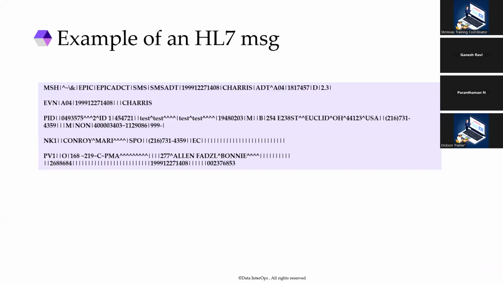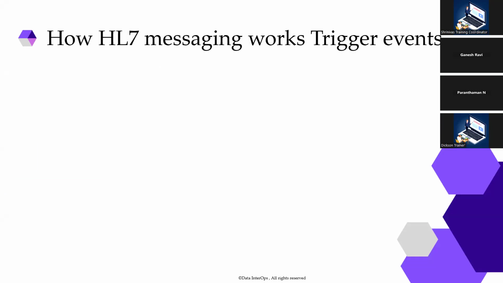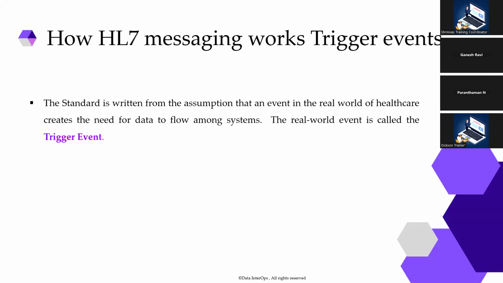All right. So this is the message structure that we have seen just now. And then yesterday we did go through this a little. So we will understand a little deeper from a real-time scenario perspective.